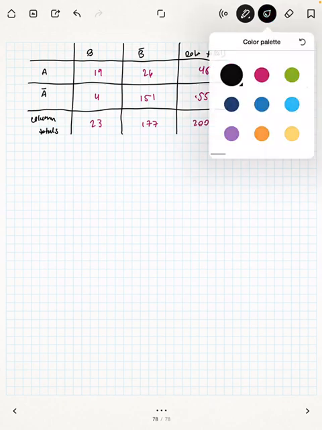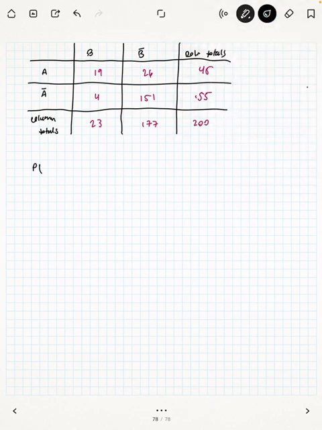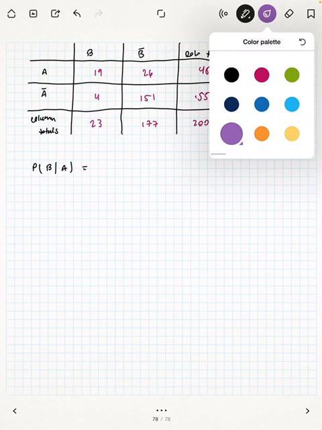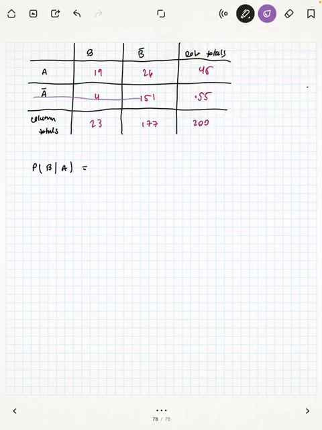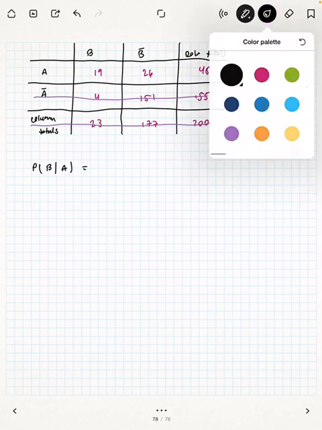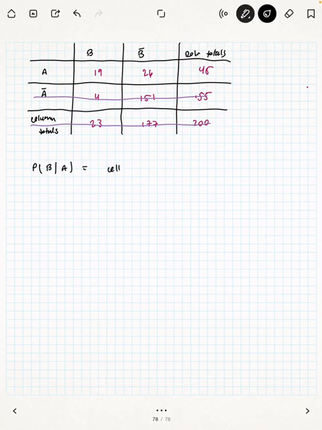And so when we say the probability of B given A, what we're going to do is ignore everything that isn't A. So this row right here does not matter to us, neither does this one. We're only going to look at the row that includes A. So we're going to take the cell for A intersect B, or B intersect A, however you want to write that. The order doesn't matter here.